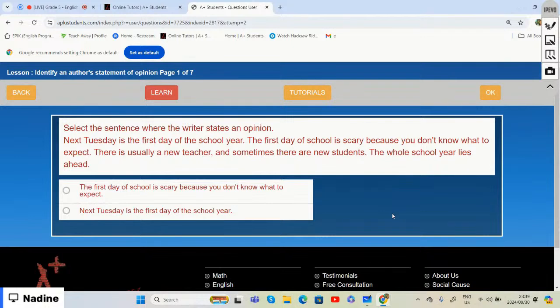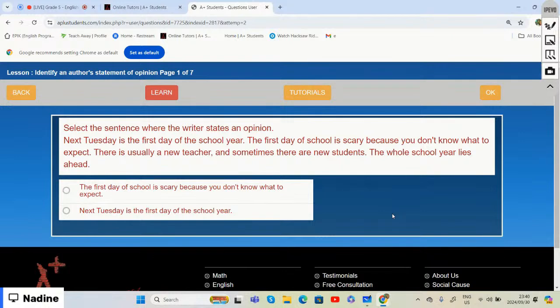It says, next Tuesday is the first day of the school year. The first day of school is scary because you don't know what to expect. There's usually a new teacher, and sometimes there are new students. The whole school year lies ahead. We need to select the writer's opinion.